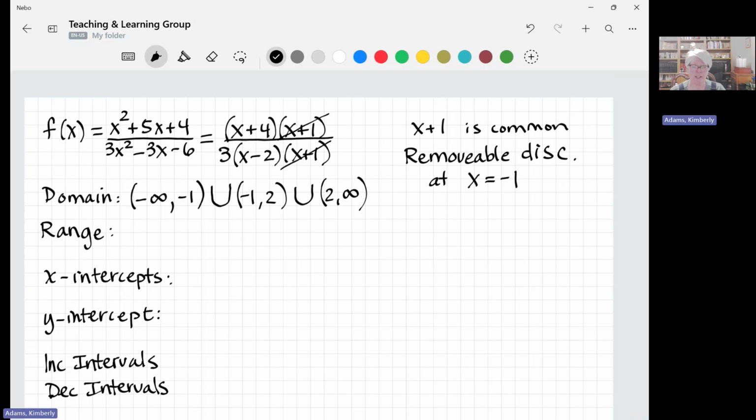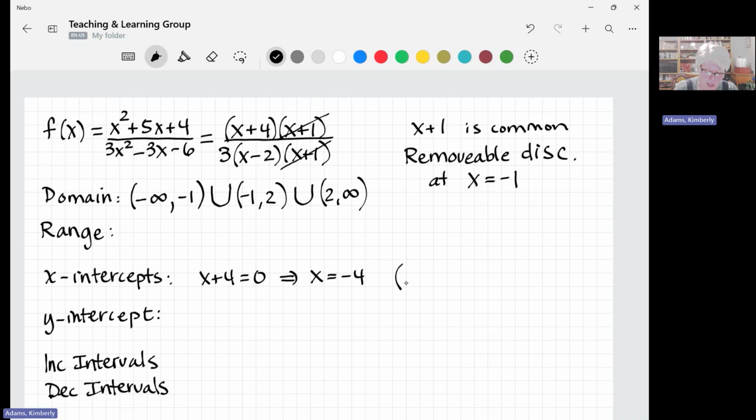Now x-intercepts. These are the locations where the numerator is equal to 0, meaning the function is going to cross the axis at that location. When I set the numerator, the resulting one, equal to 0, x plus 4 is equal to 0, which implies x equals -4 is an intercept.